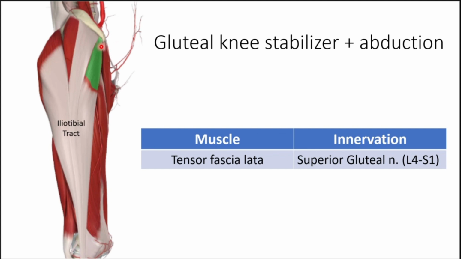The tensor fasciae lata descends between and is attached to the 2 layers of the iliotibial tract, generally ending around the mid-thigh. The tensor fasciae lata acts to stabilize the knee during extension and also serves a role in abduction. The tensor fasciae lata is innervated by the superior gluteal nerve.